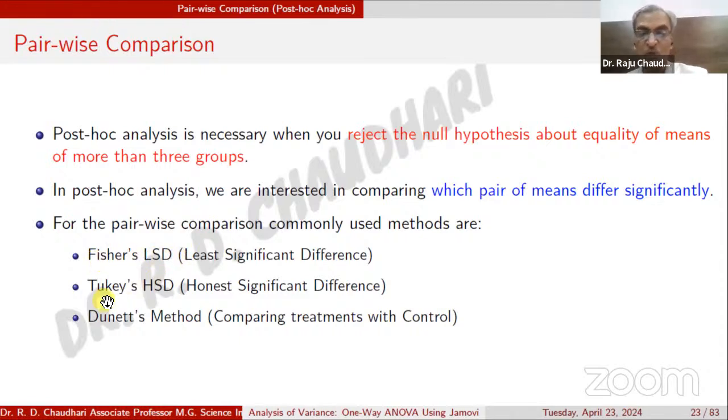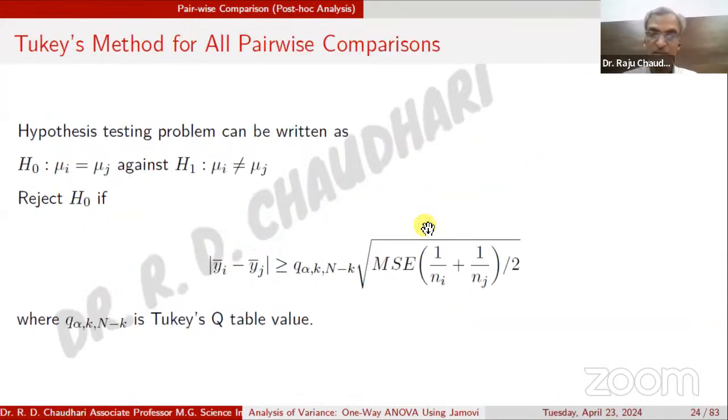But in almost all research articles, Tukey's HSD method is commonly used. Pairwise comparison or post hoc analysis is applicable only if we reject the null hypothesis about equality of means for more than two groups. Then we can go for the post hoc analysis. So these are the formulas.